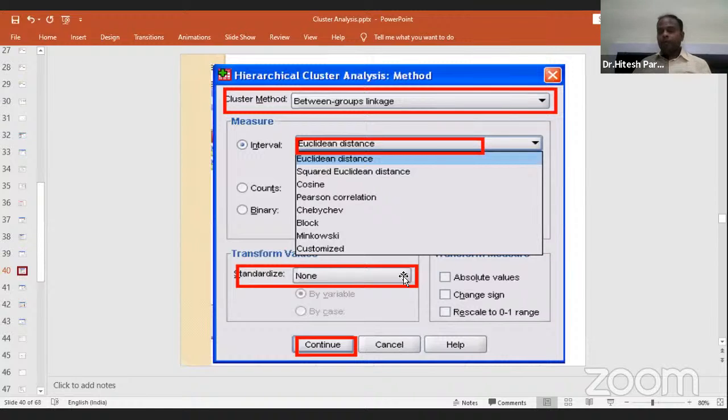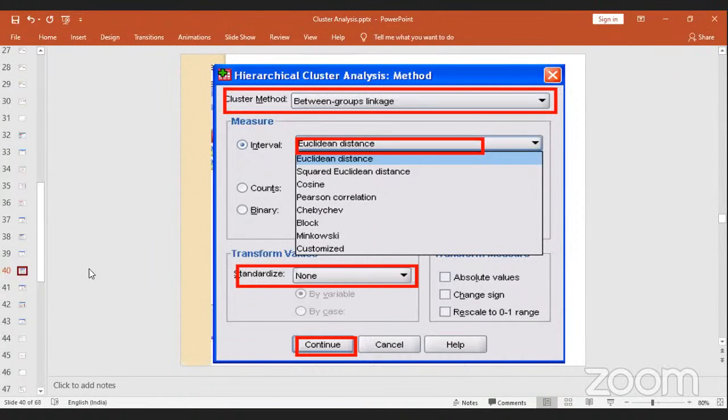Then the clustering solutions will be generated on standardized scores. They will not utilize our raw scores. Here, the clustering solution is being prepared using raw scores, because all variables have the same kind of scale. If you have a different scale, then select standardized Z score and continue. Thank you, sir.